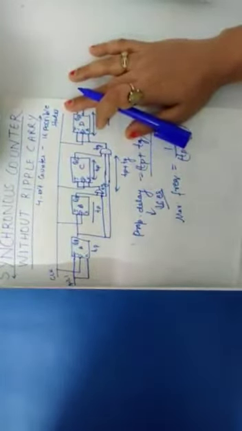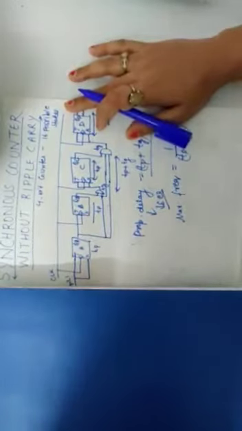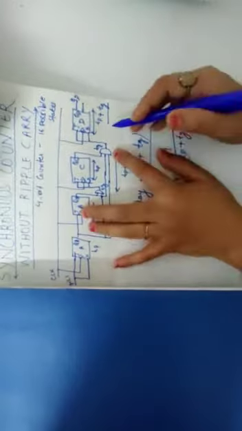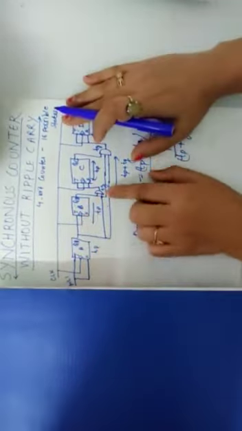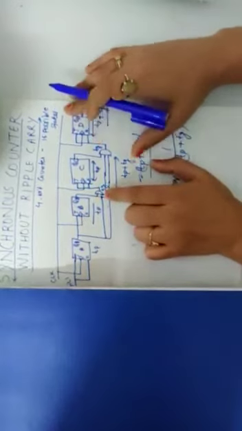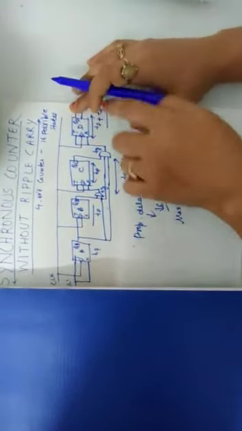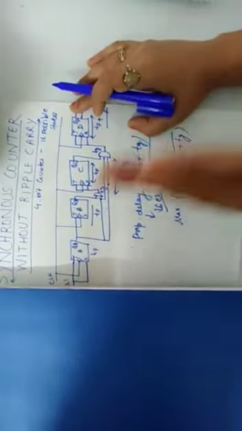But if there is some advantage, there should be some disadvantage. And what is the disadvantage? As we can see, you are adding more gates. In the first case there are only 2 inputs, in the second AND gate there are 3 inputs, and if you add another AND gate for another flip-flop, there will be 4 inputs.